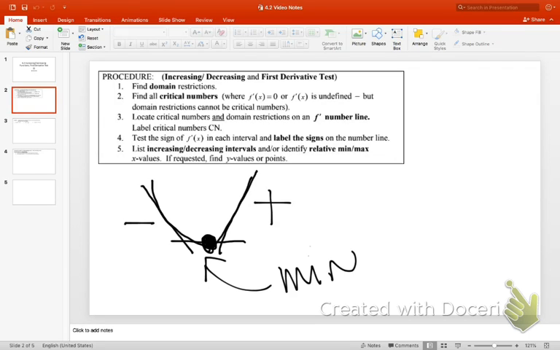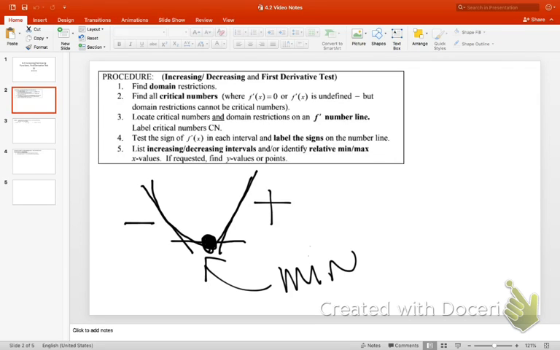So the procedure for using the first derivative test to determine increasing, decreasing, and therefore max and min values: we're going to find domain restrictions, and find all the critical numbers, that's where f prime equals 0 or is undefined. We have to make sure the critical numbers aren't domain restrictions.